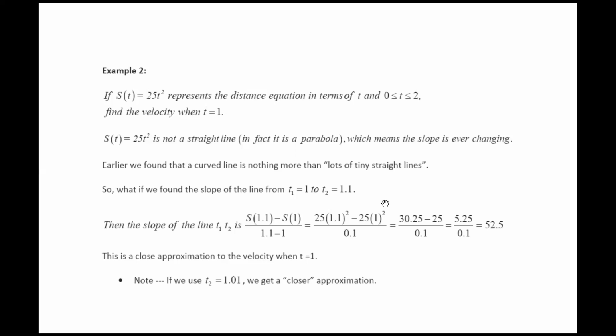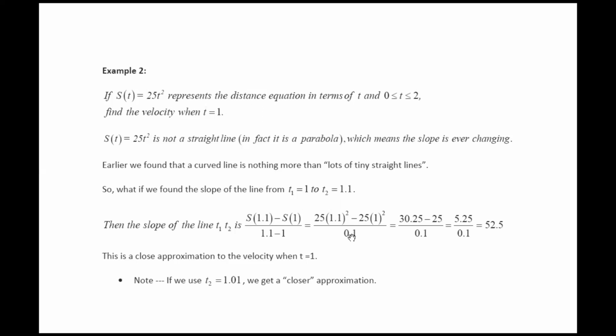So what we'll do is we'll use our equation and we'll put 1.1 in for t, minus, and then we'll put 1 in for t, over the change in the times, 1.1 minus 1. So that means when we put 1.1 in for t, we have 25 times 1.1 squared minus 25 times 1 squared over 0.1.